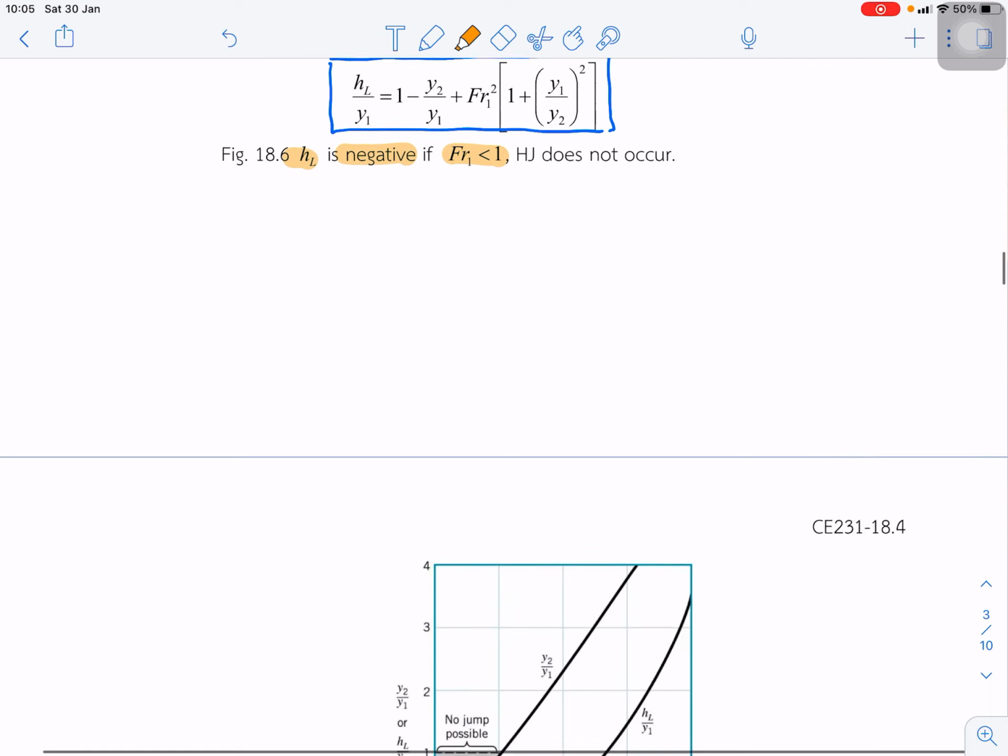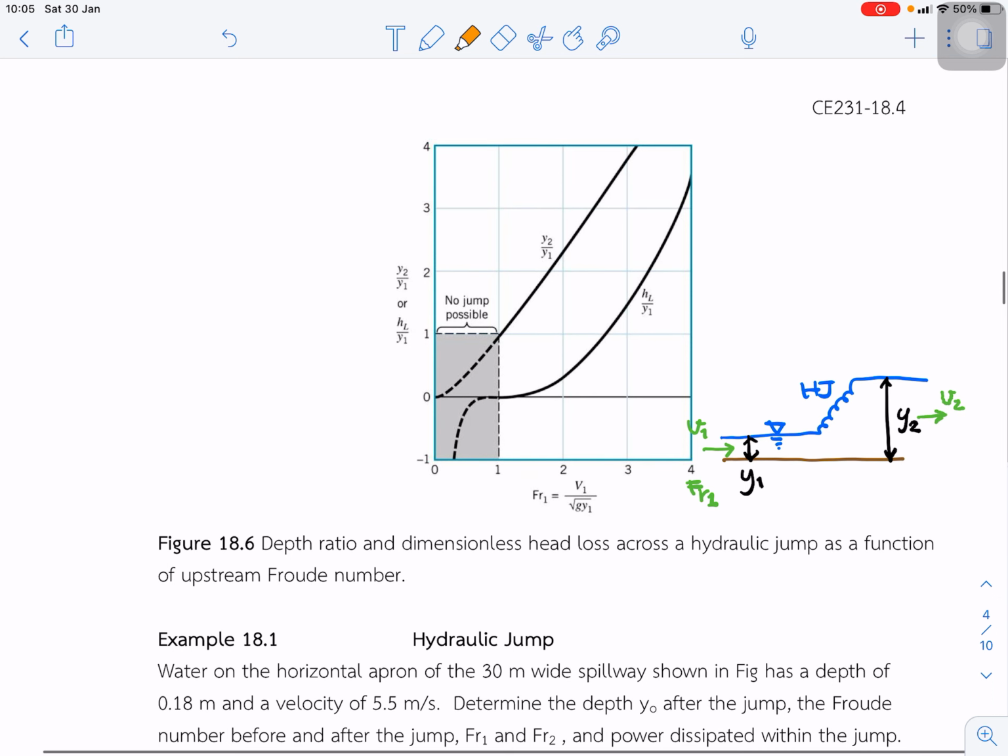So from this we can plot the curve like this. Once the Froude number is greater than 1, we expect that the head loss over y1 increases, and y2 over y1 increases. y2 over y1 is the ratio between the depth after the jump and the depth before the jump.